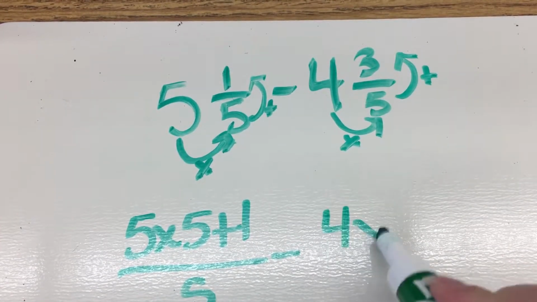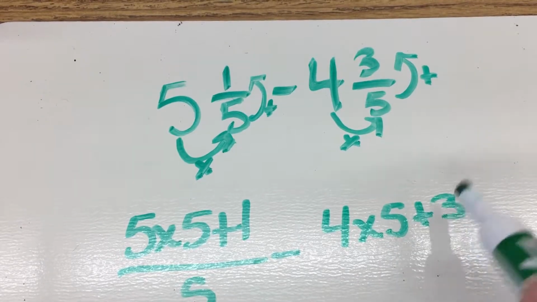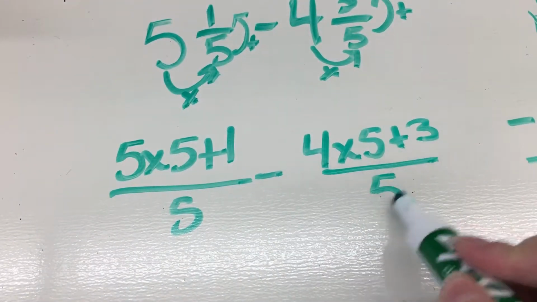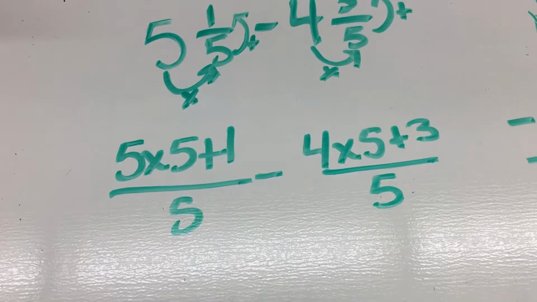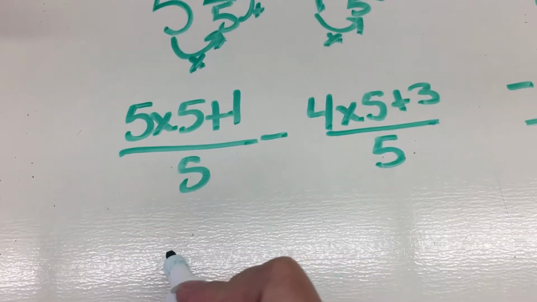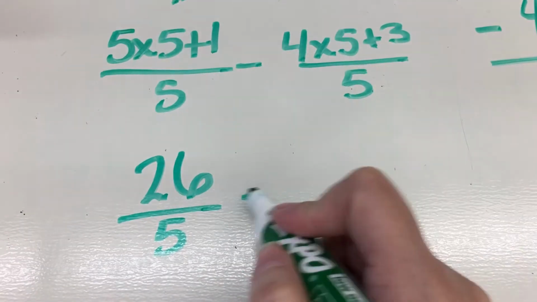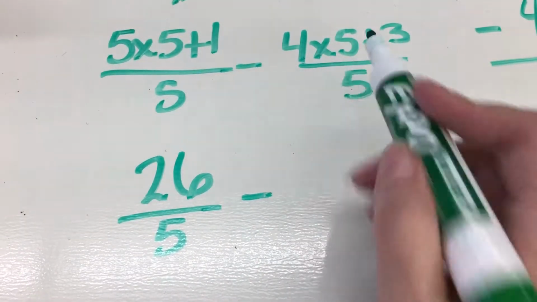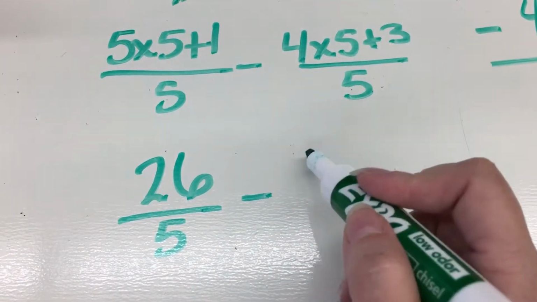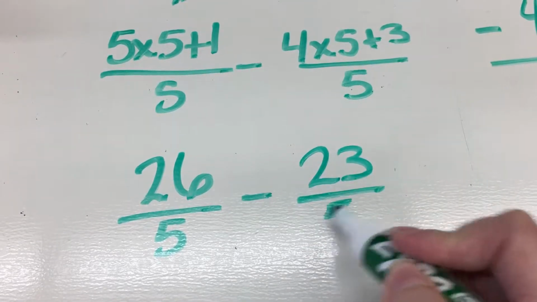So 4 times 5 plus 3 all over 5. So we have 5 times 5 is 25, plus 1 more will be 26/5. And then we have minus 4 times 5 is 20, plus 3 more, that's going to be 23/5.